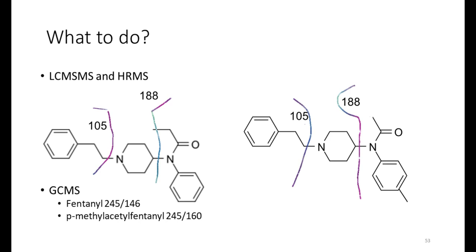Several cases positive for the analog, the paramethylacetyl fentanyl, were identified as fentanyl by Orbitrap high-res MS and confirmed by LC-MS because the retention time and the product ion ratio criteria were met. Only on final review, noticing that fentanyl was not detected by a third method for screening organic bases by GCMS, and the paramethylacetyl fentanyl was detected, prevented reporting the wrong drug on the toxicology report.